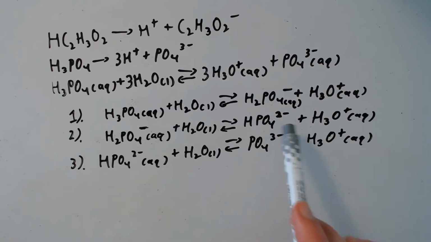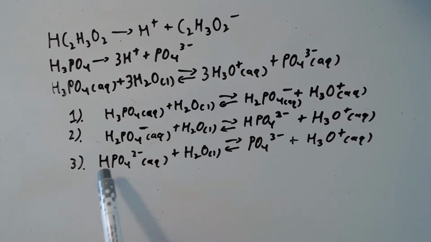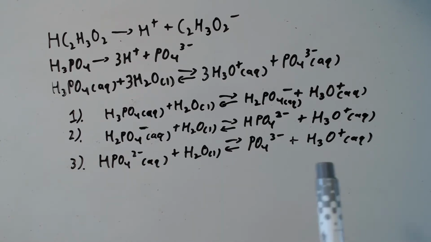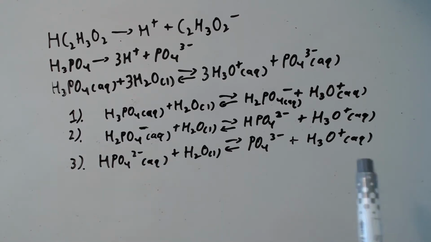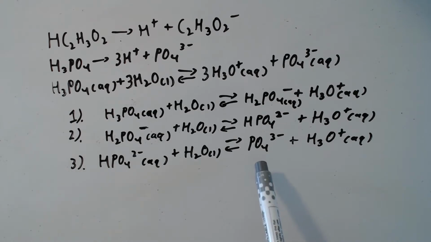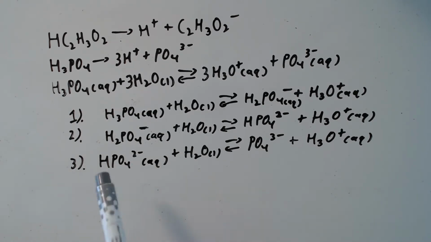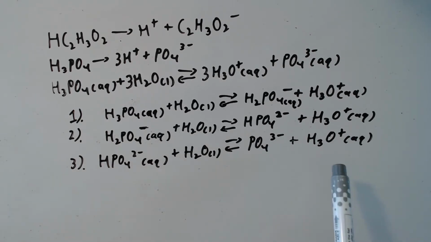And then this HPO4 2 minus can lose another H to the H2O, and this forms another H3O plus, and this HPO4 2 minus transforms into PO4 3 minus, with all of the hydrogens completely removed.